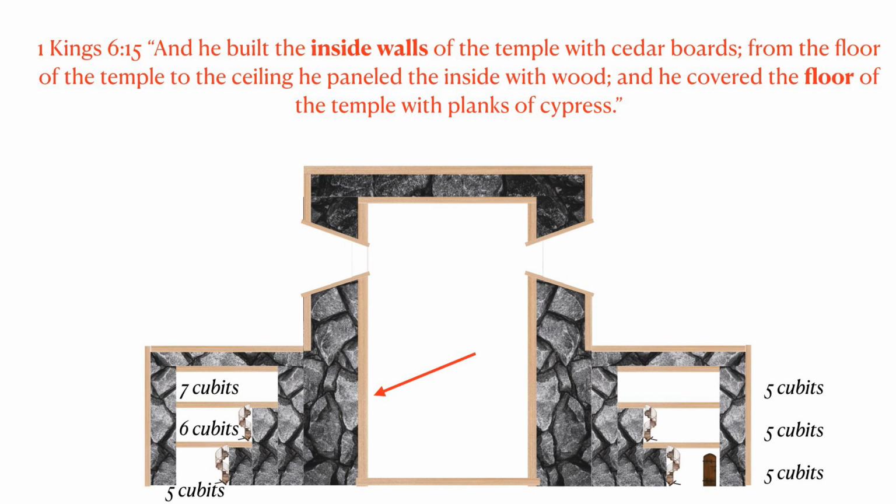And he built the inside walls of the temple with cedar boards. From the floor of the temple to the ceiling, he paneled the inside with wood. And he covered the floor of the temple with planks of cypress.